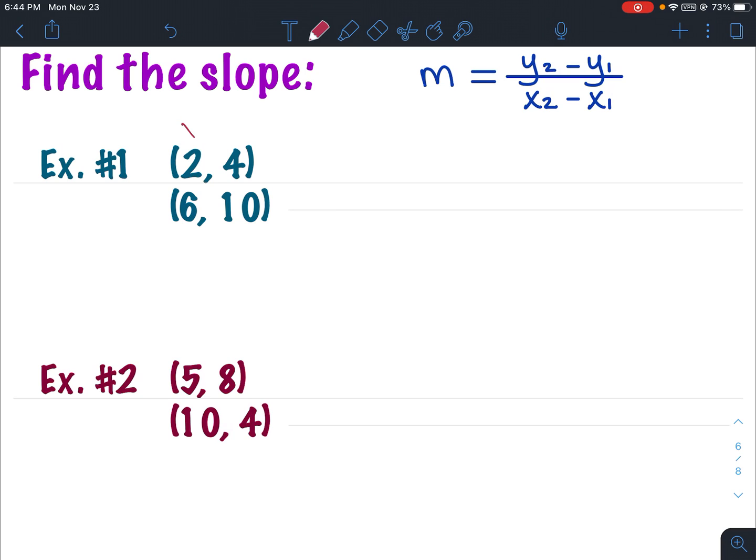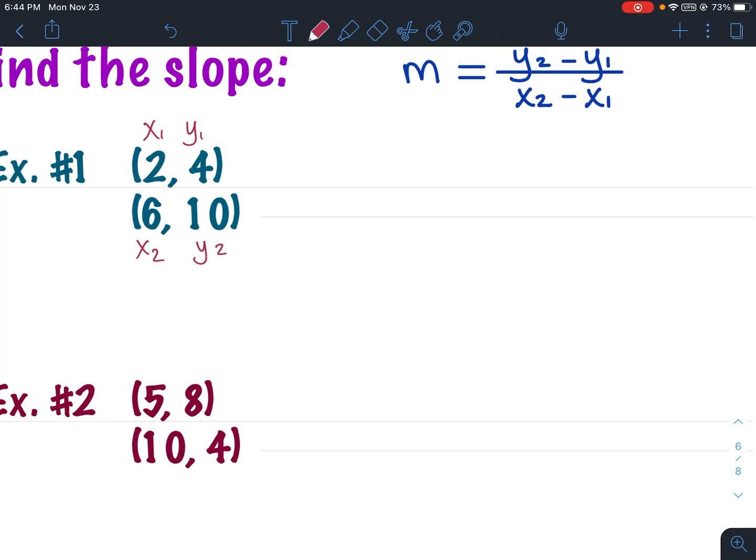So I'm going to call this x1, y1, x2, y2. I just always take the first point and give it the 1s. I take the second point and give it the 2s. So x2, y2 I give to the second point on the bottom. x1, y1 I give it to the first point on the top. It doesn't matter. You could flip that around, and in the end you would get the same answer.